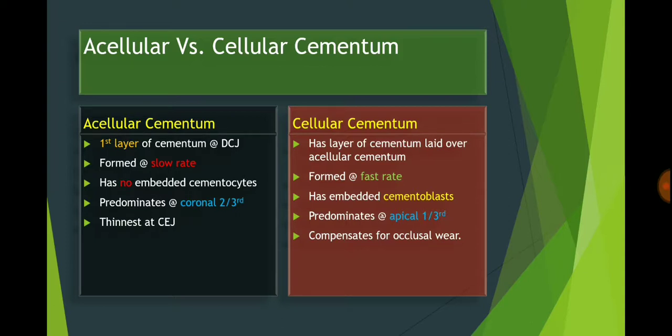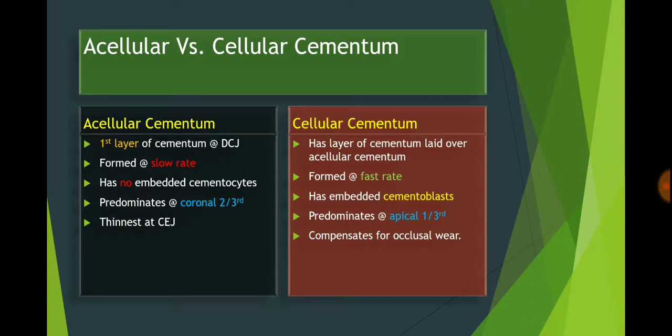Now let's look at the cellular cementum. Cellular cementum has a layer of cementum laid over the acellular cementum. Acellular cementum is the primary cementum, the cellular cementum is the secondary cementum, and this cellular cementum is laid over the acellular cementum.